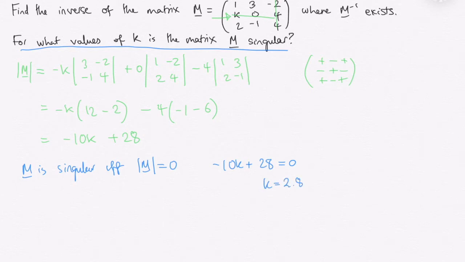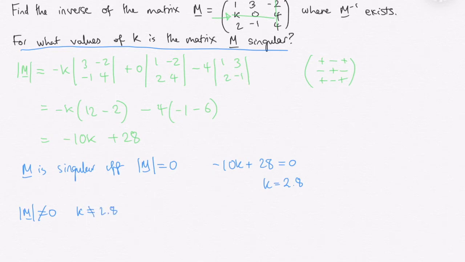Okay, so let's go back to find the inverse of this matrix M. And actually, for this inverse to exist, we need that the determinant of M is not equal to 0, i.e. we need k is not equal to 2.8.